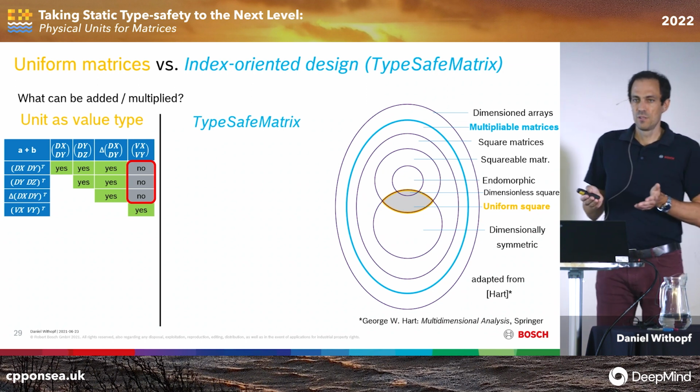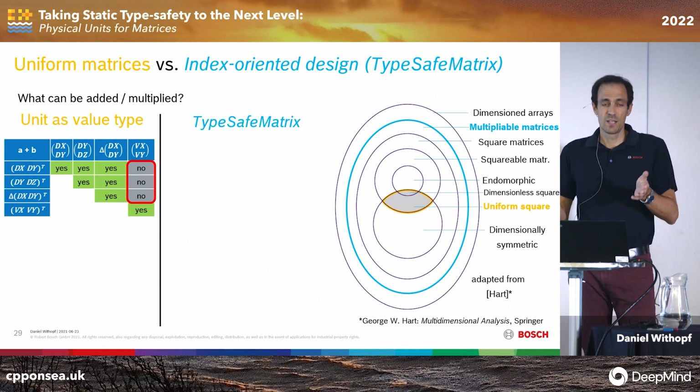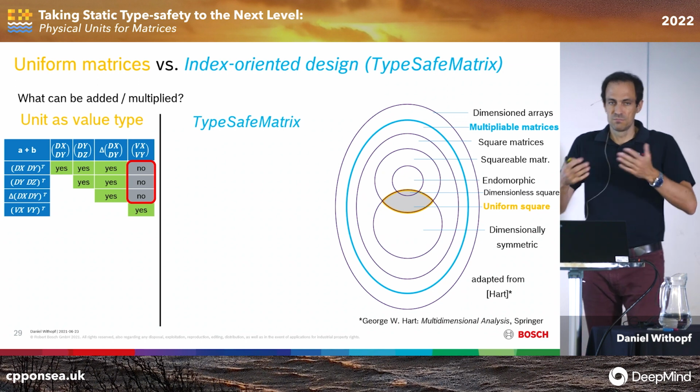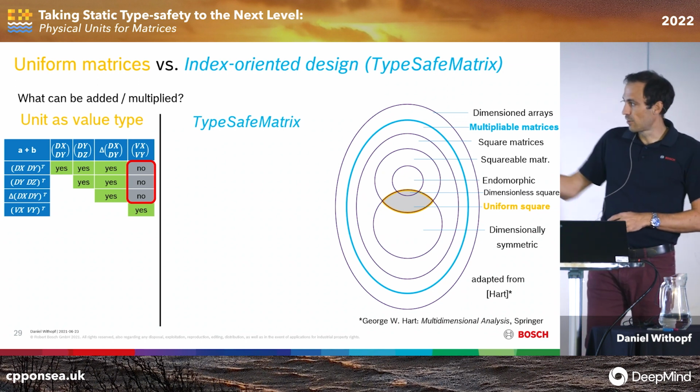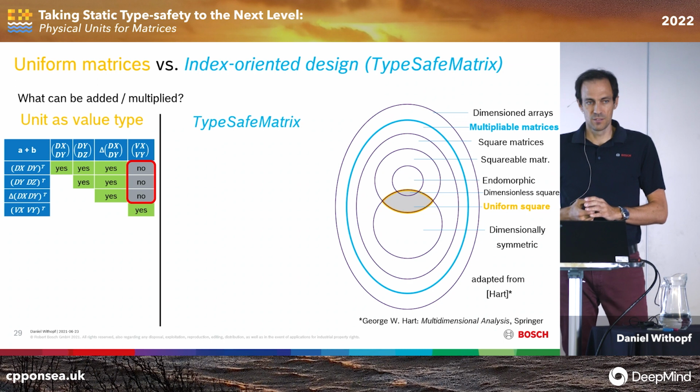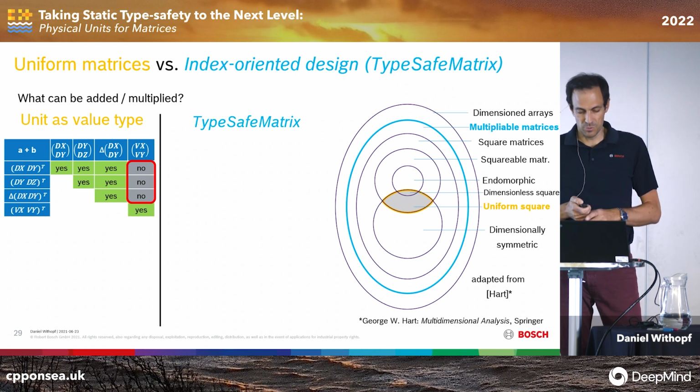It's fairly natural because the only annotation we have available is the physical unit. With that approach, we cannot know what is contained in the indices, so there's also no way to prevent any of these operations.